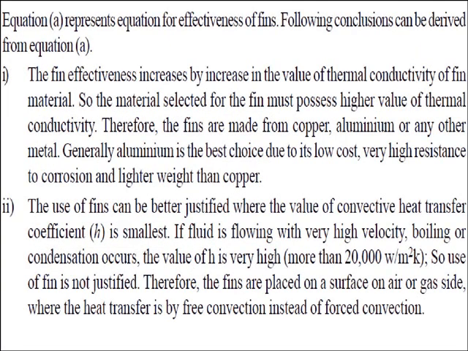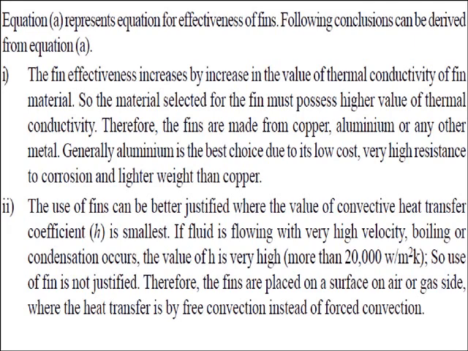From the previous equation of fin effectiveness, under root of Pk divided by Ah, we can first conclude that if we want to increase the effectiveness of the fin, we have to use a material which is a very good conductor of heat energy, meaning a metal such as copper or aluminum.